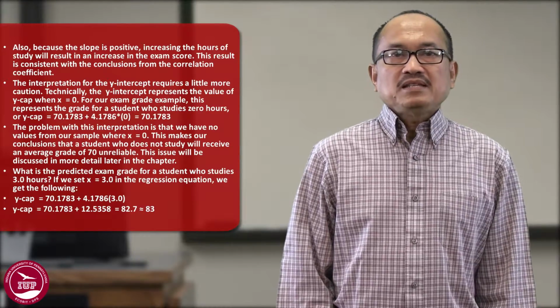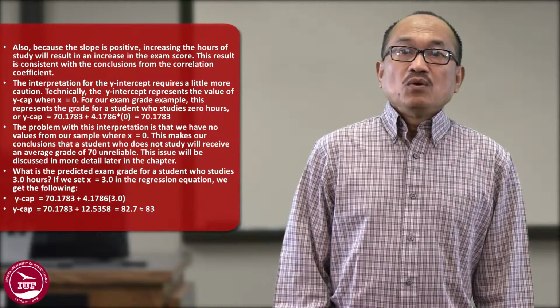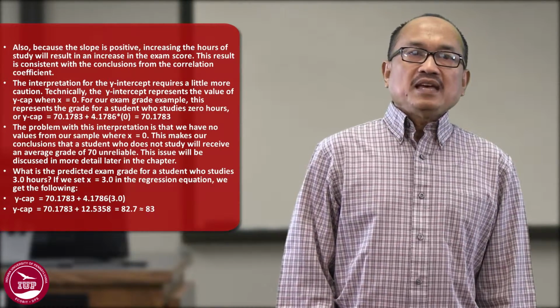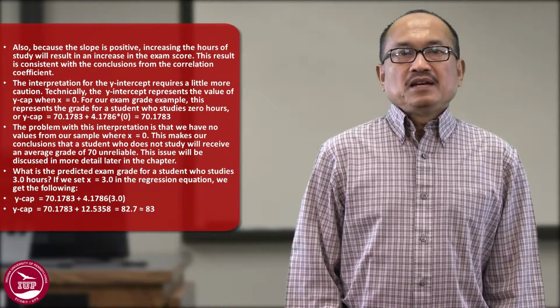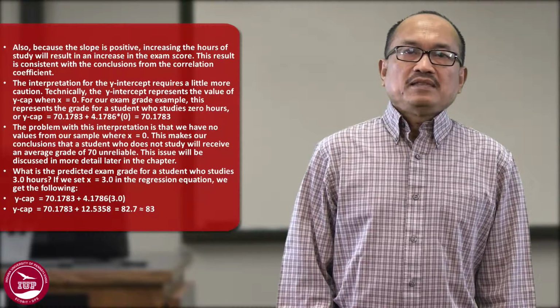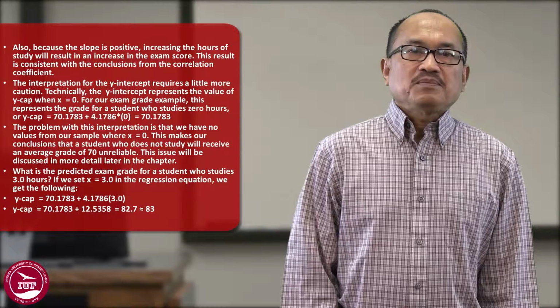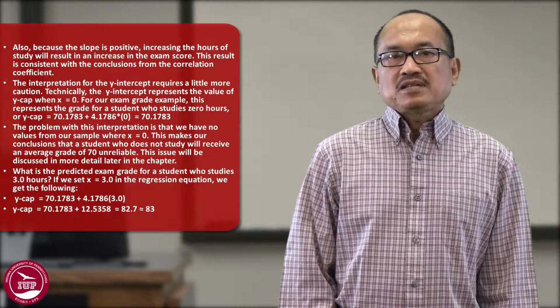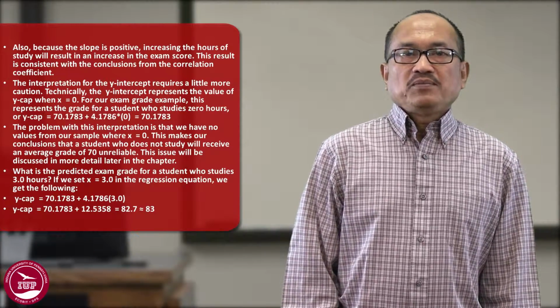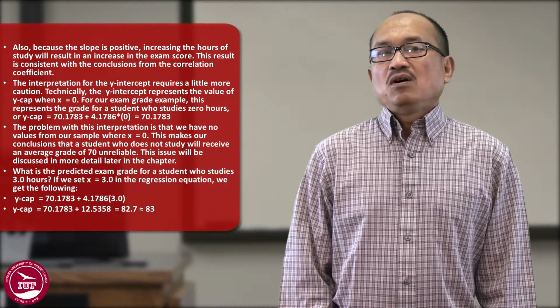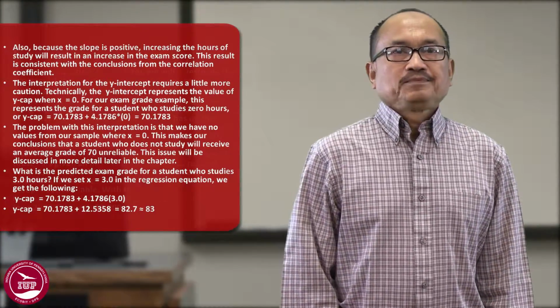What is the predicted exam score for a student who studied 3 hours? If we set x equal to 3 in the regression equation, we get the following: y-hat equals 70.1783 plus 12.5358, equal to 82.7, or 83.